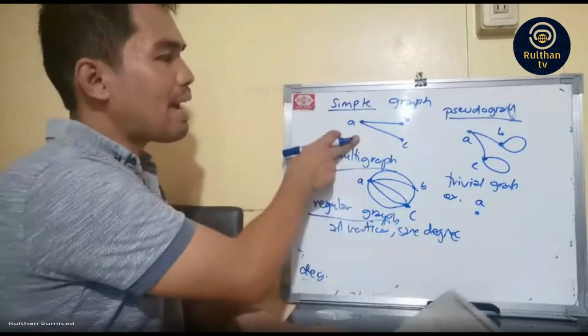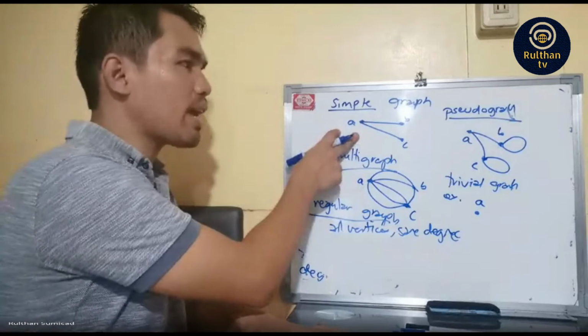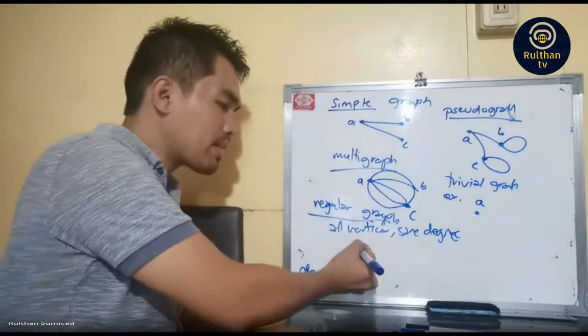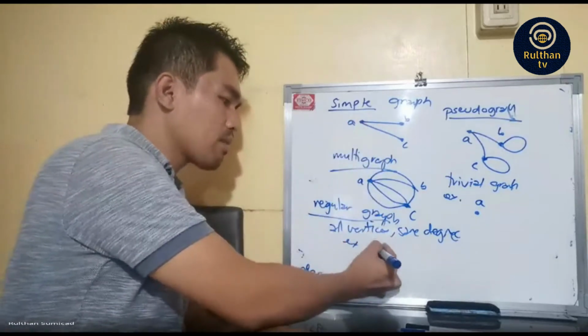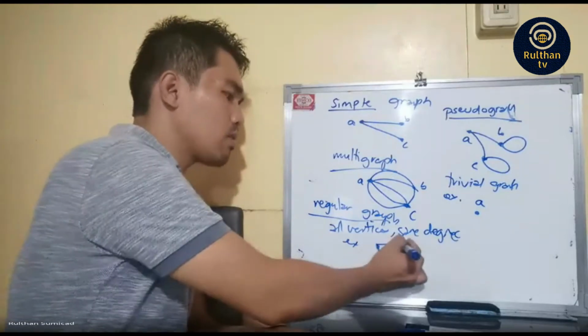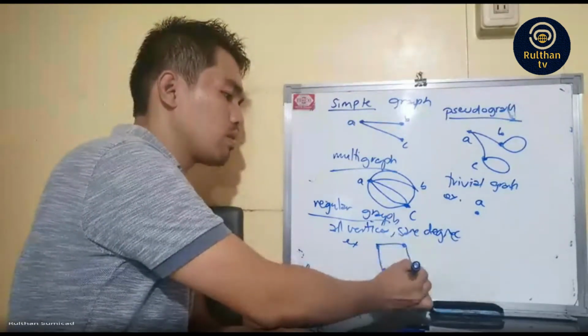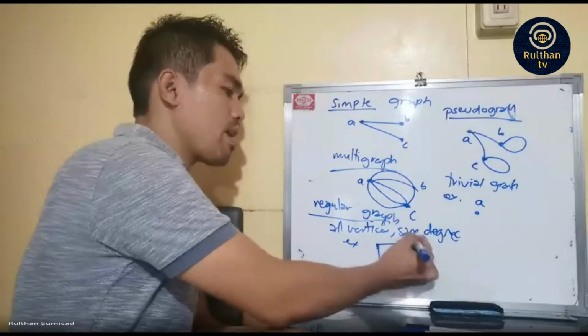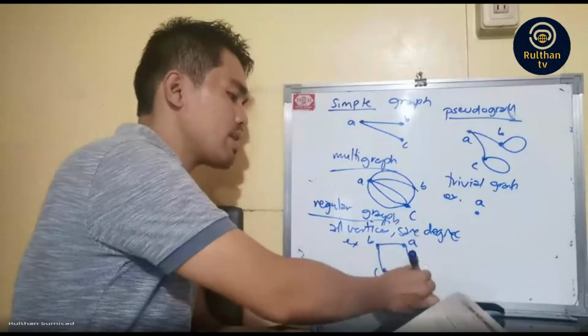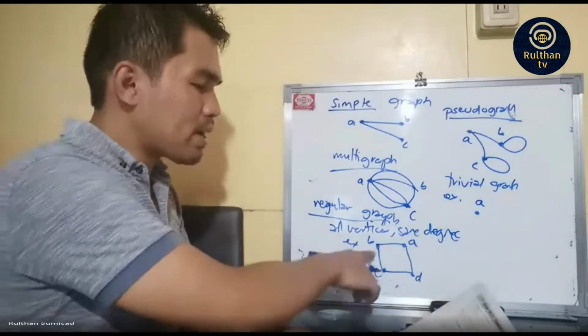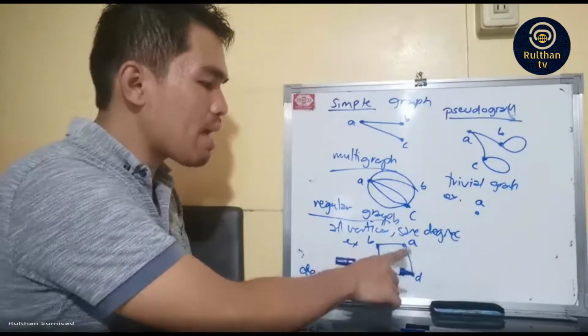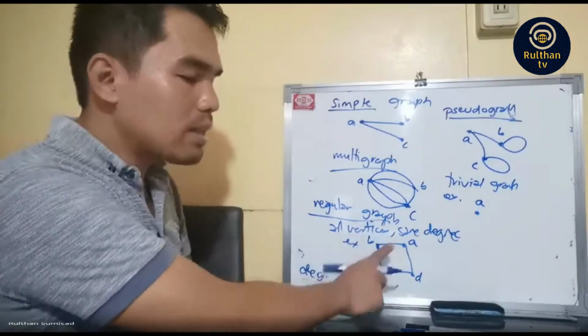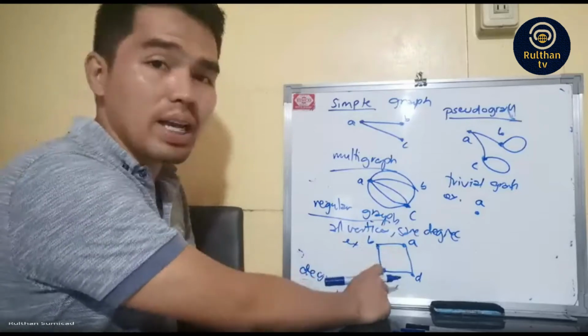So the earlier graph is not a regular graph, but if I have it like this one as an example, A, B, C, D, this is a regular graph because all the vertices A, B, C, D have the same degree, which is degree 2.